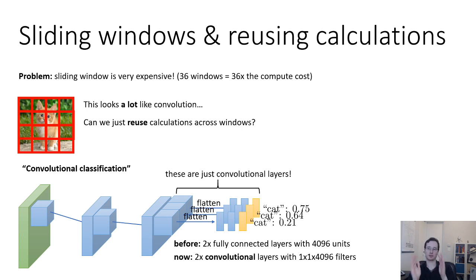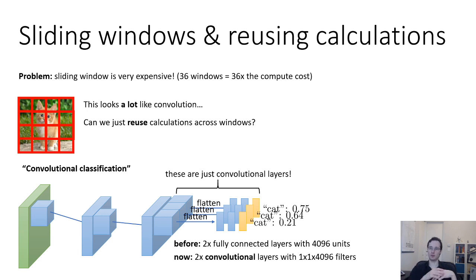So specifically, to make this very precise, the first operation, the flattening, which goes into the first fully connected layer, now becomes a regular convolution with a pretty large stride. The next fully connected layer is a 1-by-1 convolution with a stride of 1. And then the last layer, the softmax layer, is also a 1-by-1 convolution with a stride of 1.